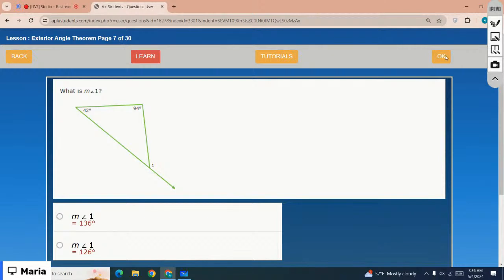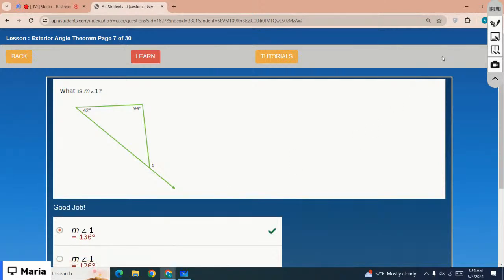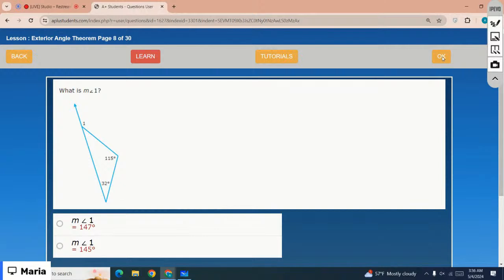That is 136, the correct option. The correct option is, yes, that is 147 degrees.